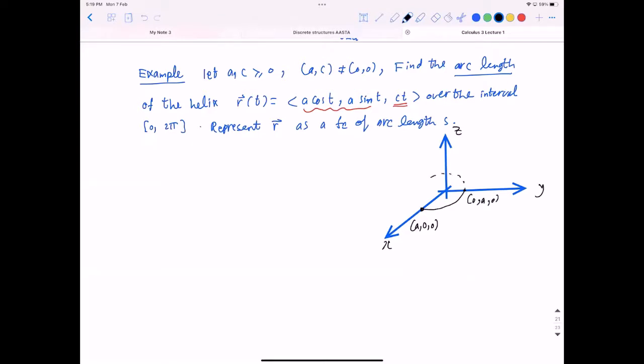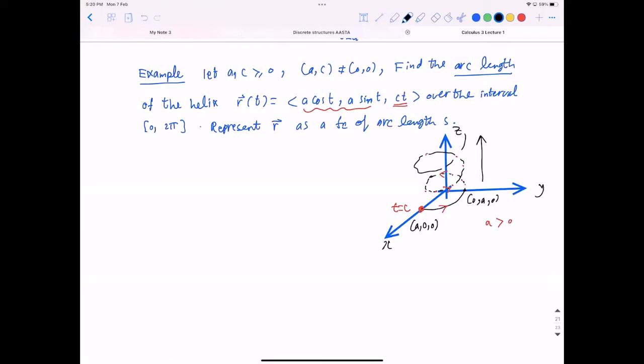It goes to try to complete the circle, but it goes up in the Z direction, in this direction. Why in this direction? Because at the beginning, at T equals 0, we were at this point, and go in this direction. This is all if A is positive. This is the direction of motion. This is the sort of sketch we are asked to do.